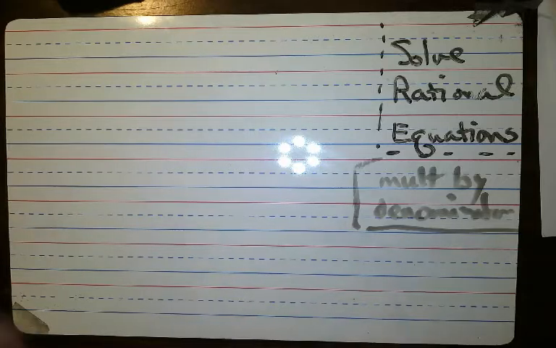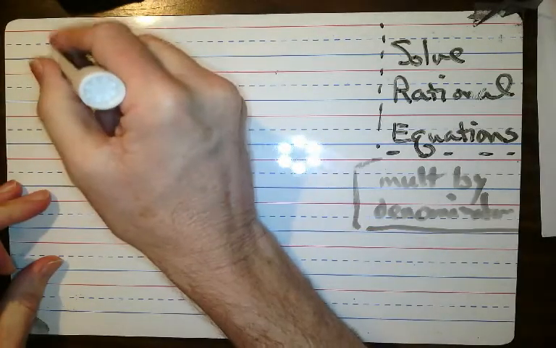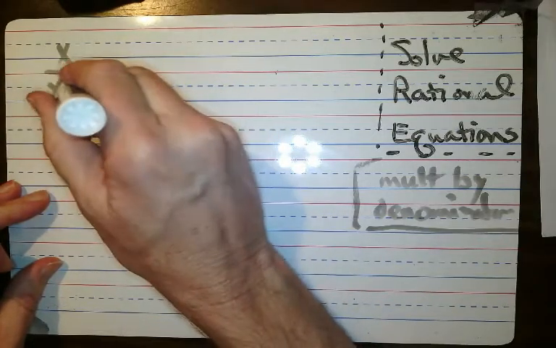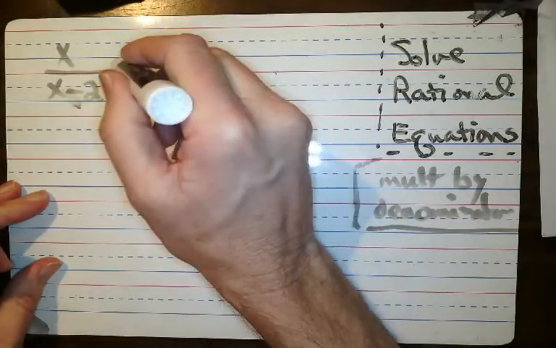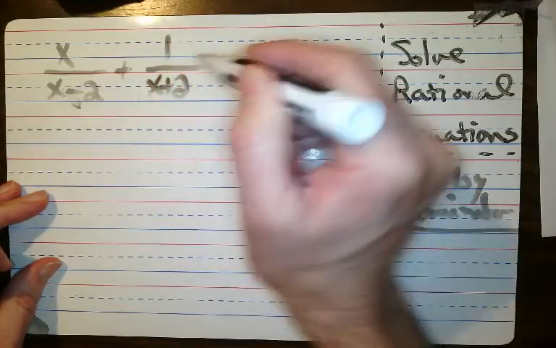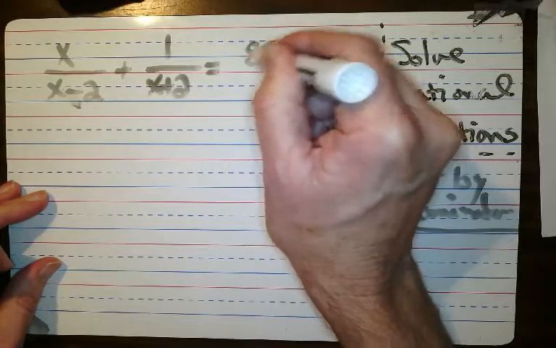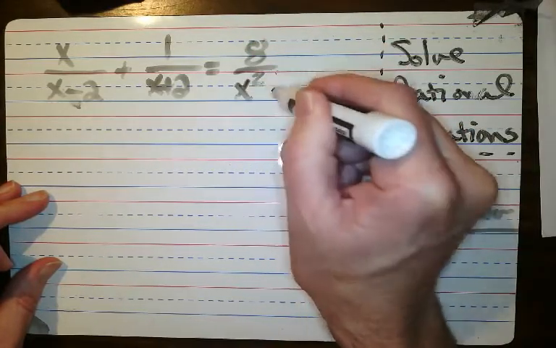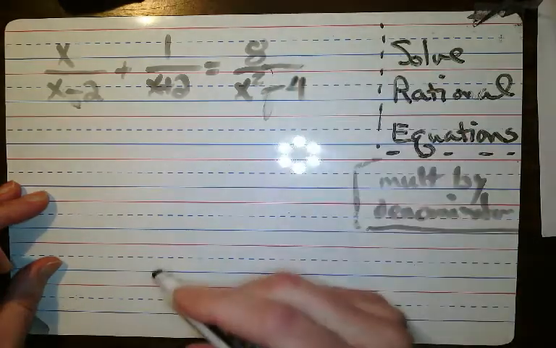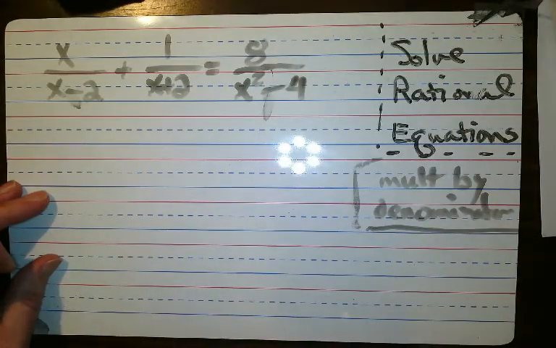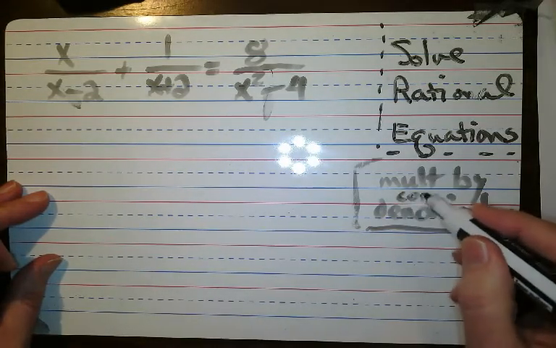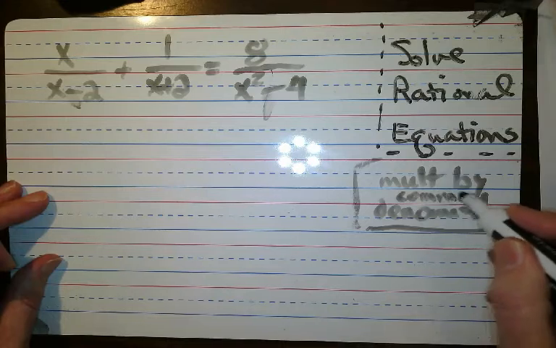What if we had a big monster one like this? x over x plus 2, minus 2, plus 1 over x plus 2 equals 8 over x squared minus 4. Now I need to multiply by the common denominator.